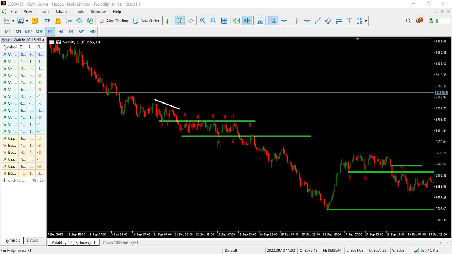You don't have to buy here. I always say when the price is going down, you look for sell opportunities only. When the price is going up, you look for buy opportunities only.